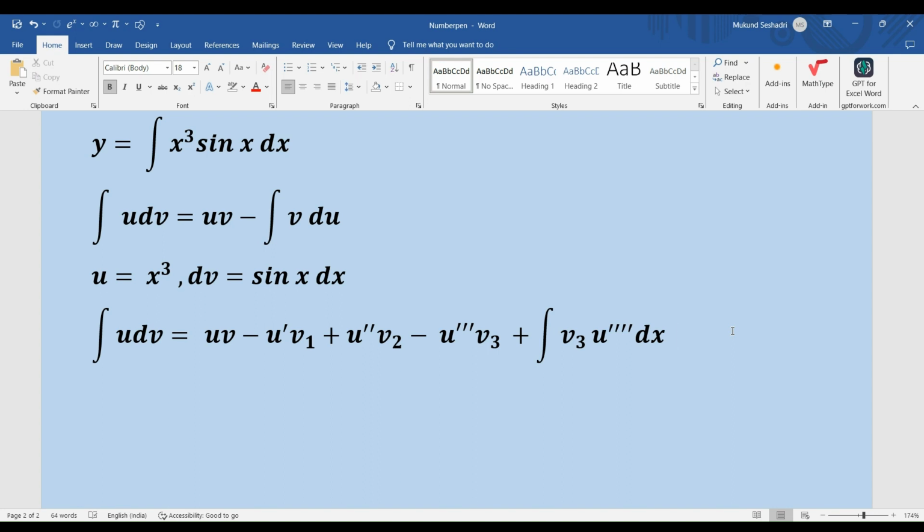So my integral of u dv equals uv minus u dashed v1 plus u double dashed v2 minus u triple dashed v3 plus integral of v3 into u dash dash dash dash, right, times dx. So it is the fourth successive derivative of u, right? So my dash represents derivative and my subscript 1, 2 and 3 represent the successive integrals of v, right?